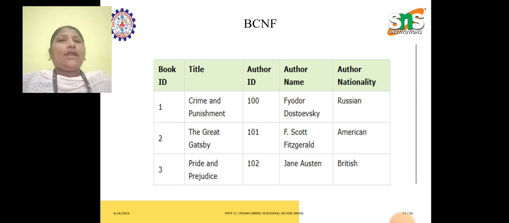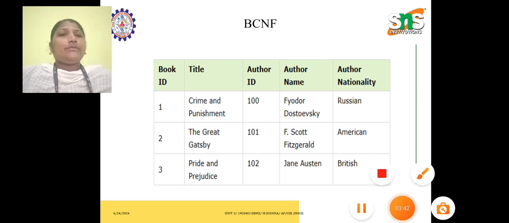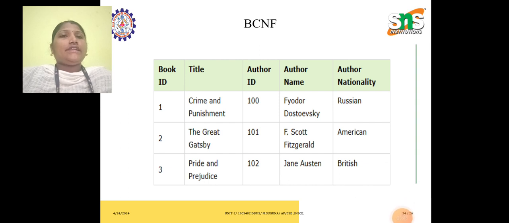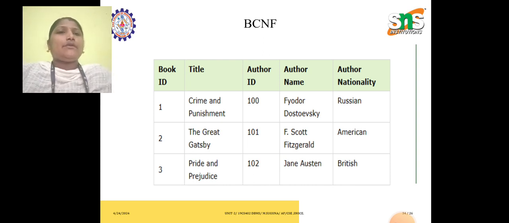So for that we can eliminate it by dividing this table into book ID, title, author ID as one table, and again author ID, author name and author nationality as another table. You just divide this table into 2 tables, like book ID, title, author ID as one table and author ID, author name and nationality as another table.